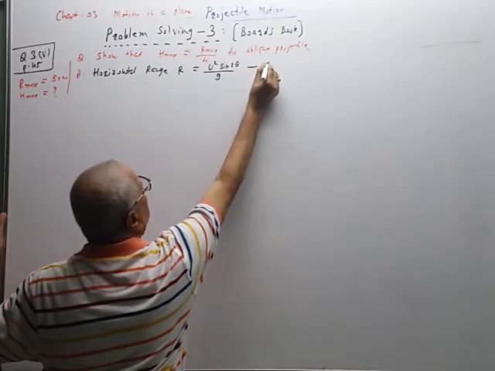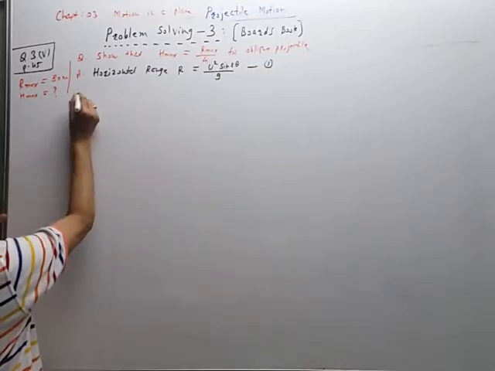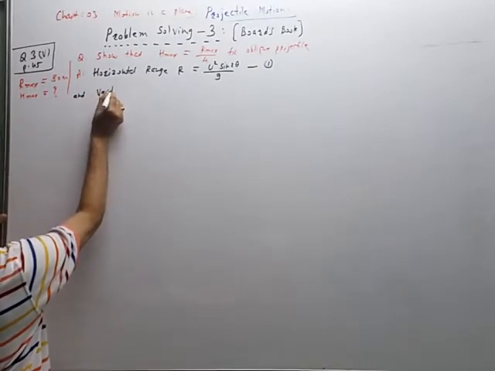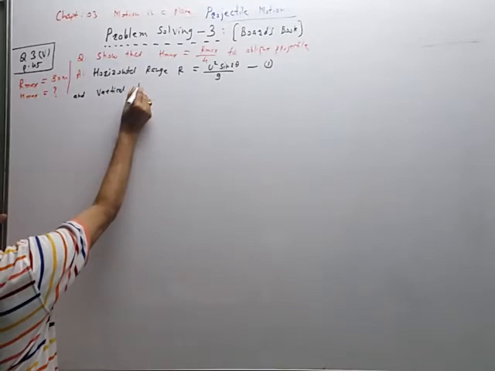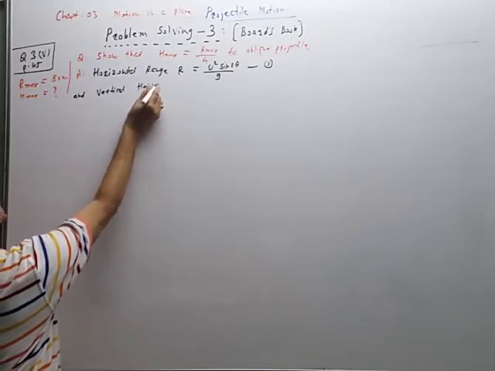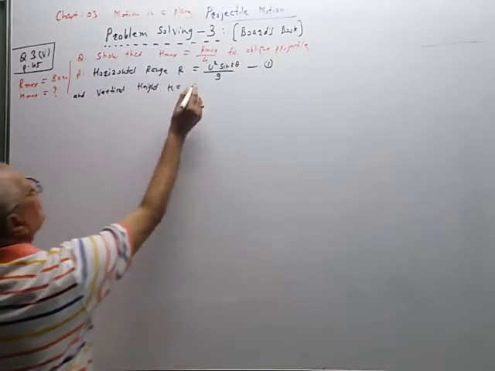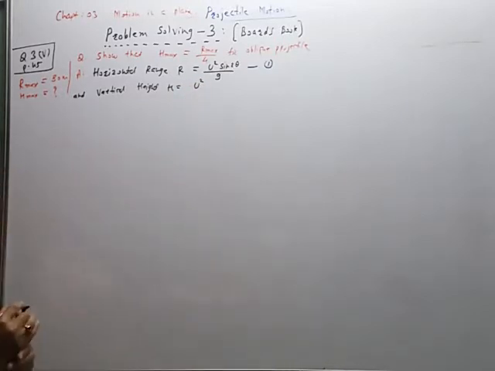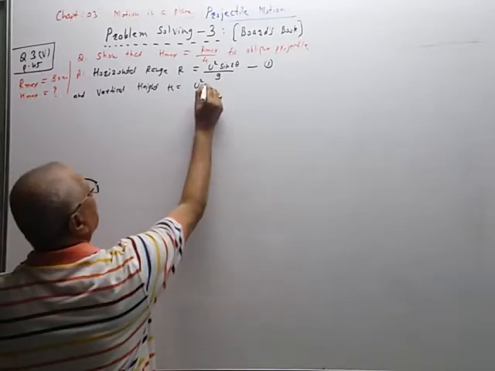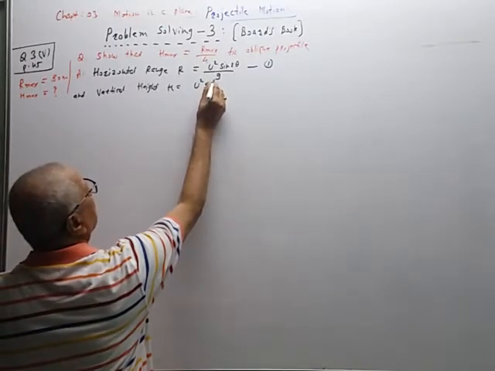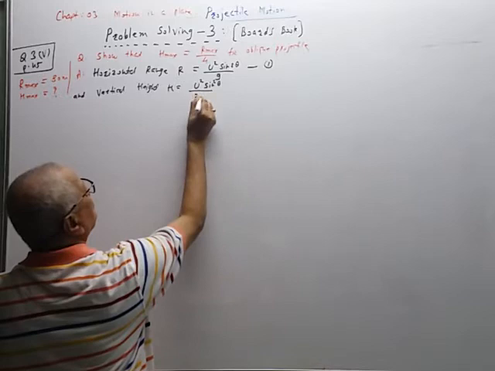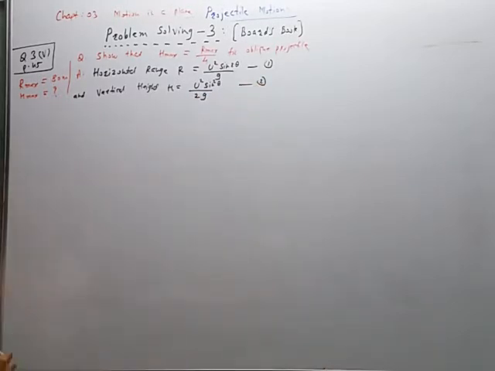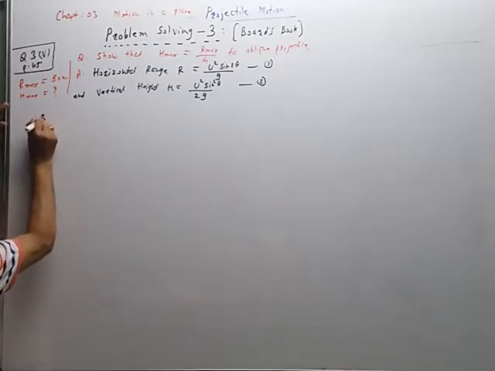So this is equation 1, and the vertical height h is equal to u square into sin square theta upon 2g. This is equation 2.